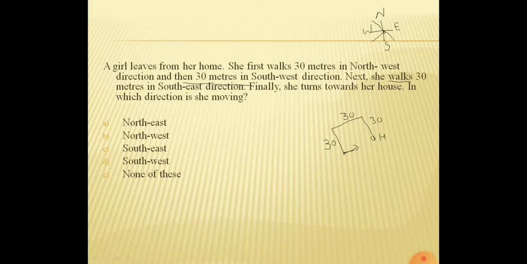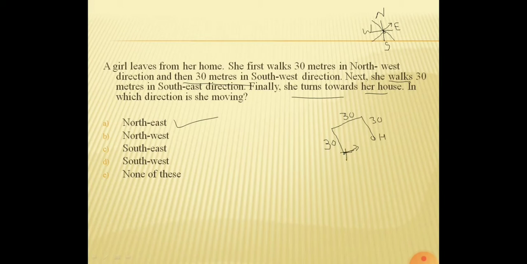So she can go straight to the house by just turning that way. Which is that direction? Suppose we consider that last point as the origin, in the direction diagram you can see it is in between north and east that she is walking now.